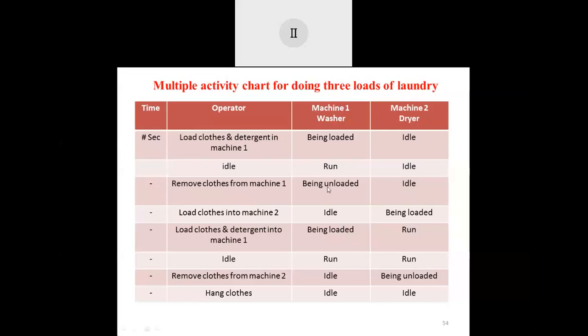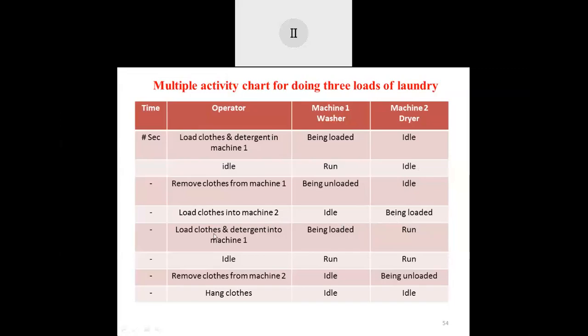So remove cloths from machine 1. At that time machine 1 will be unloaded. Till now machine 2 will be in idle position. Then next machine 2 will work, so we need to load cloths into machine 2. So machine 1 will be idle and machine 2 will be loaded.